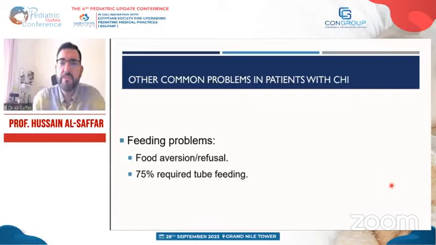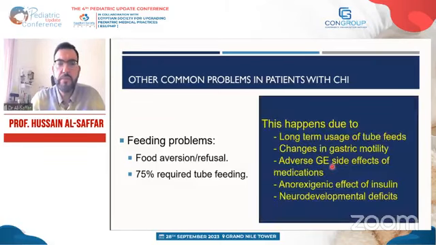So we need to be careful for them to develop these skills. At the time of weaning, we let them taste the food and swallow some food, and preferably not keep the orogastric or nasogastric tube for a very long time. You can switch to a PEG, percutaneous gastrostomy tube feeds, and then make sure that the skills are gained through the oral route as well.